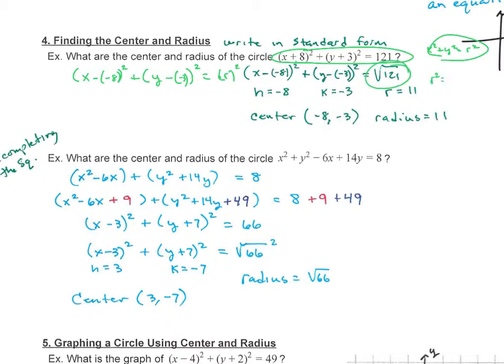I know that r squared is equal to 121, and I can find the square root of both, so r is equal to 11. I will just say 11 squared. So I know the center has h, or my x value, as negative 8, and my y value, or the k value, as negative 3. So there you go, my center is negative 8, negative 3, and I am going to maintain a radius of 11.